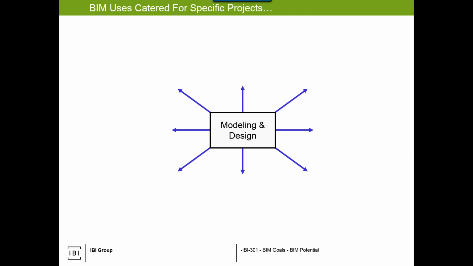But there's some. And in North America, we have what's called the Penn State BIM Execution Plan that defined a series of BIM uses. And it's essentially why you would model. In other parts of the world, I know in the UK, BS 1192, or its companion documents, also have looked to kind of describe what are the reasons for BIMing.